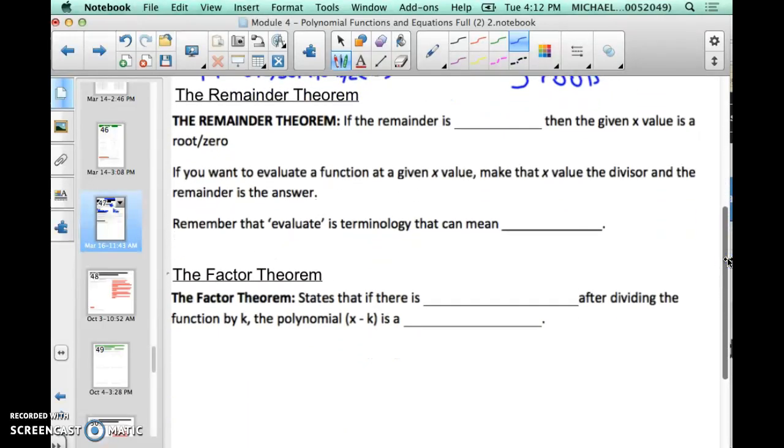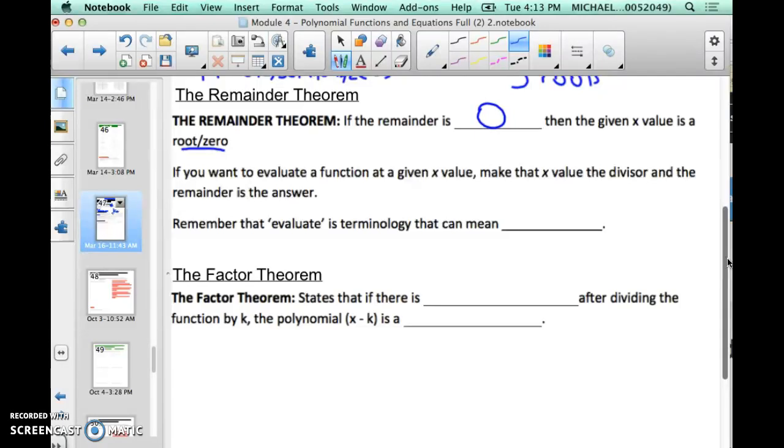The remainder theorem and the factor theorem go hand in hand. We're going to talk about division in the next video. We're going to actually divide factors from polynomials. And once we do the division, the remainder theorem states that if the remainder after that process is 0, or in other words, there is no remainder, then the given x value, or the root or solution that we're trying to evaluate, is indeed a root or solution.